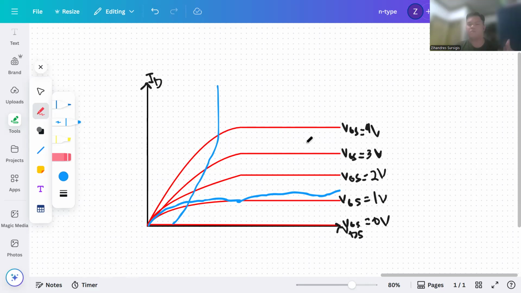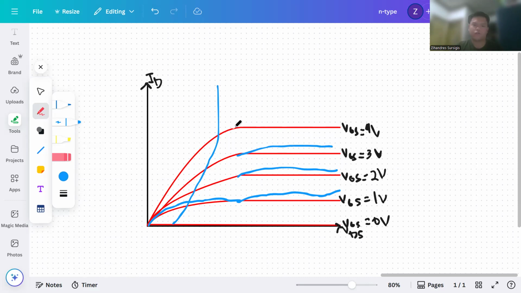So, i-assume na pag nandito na tayo sa point in time na dinidiscuss na natin yung channel length modulation, na-discuss na yung different regions of operation ng MOSFETs. Okay. So, the real scenario is that in real world scenarios, kapag nag-i-increase ang VDS, may epekto siya sa ID. May slight increase siya dito.